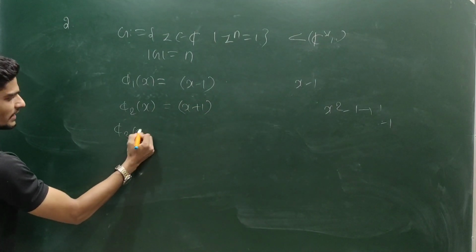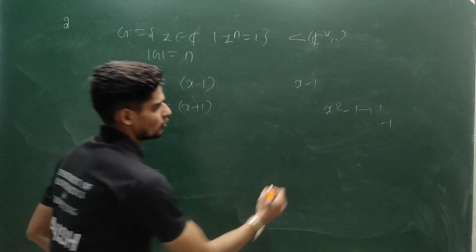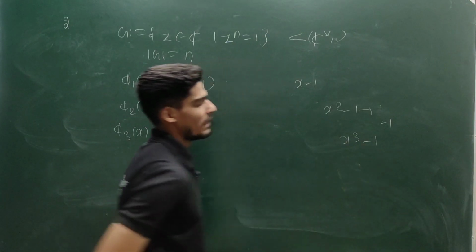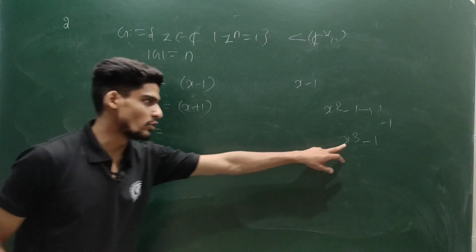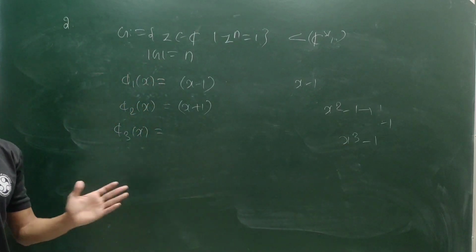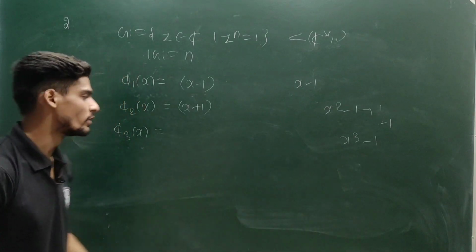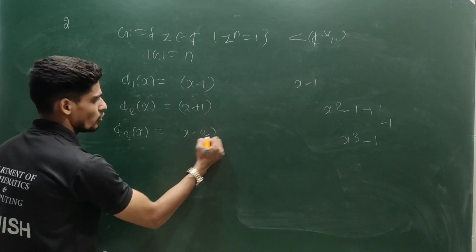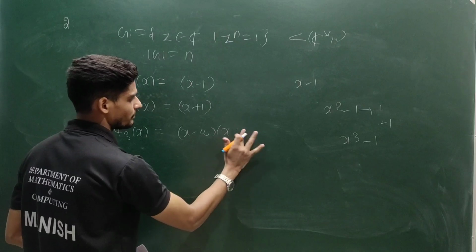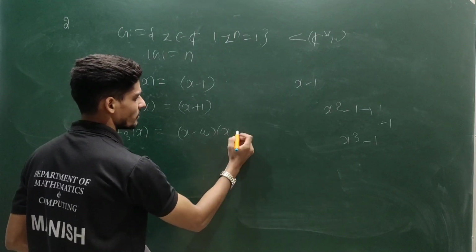What is phi 3 x? If you see x cube minus 1, it has three roots, 1, omega and omega square. But omega and omega square are both third primitive roots of unity, while 1 is not a primitive root. So this is the same as (x minus omega)(x minus omega square).